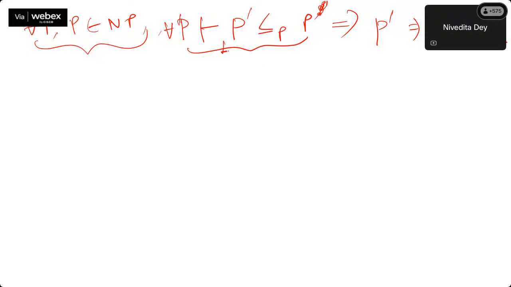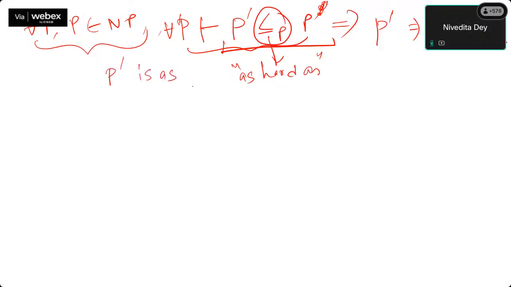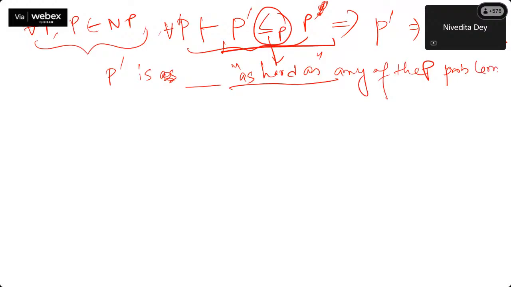Where this particular symbol means as hard as. So P dash is as hard as any of the P problems. Then P dash is an NP-hard problem.